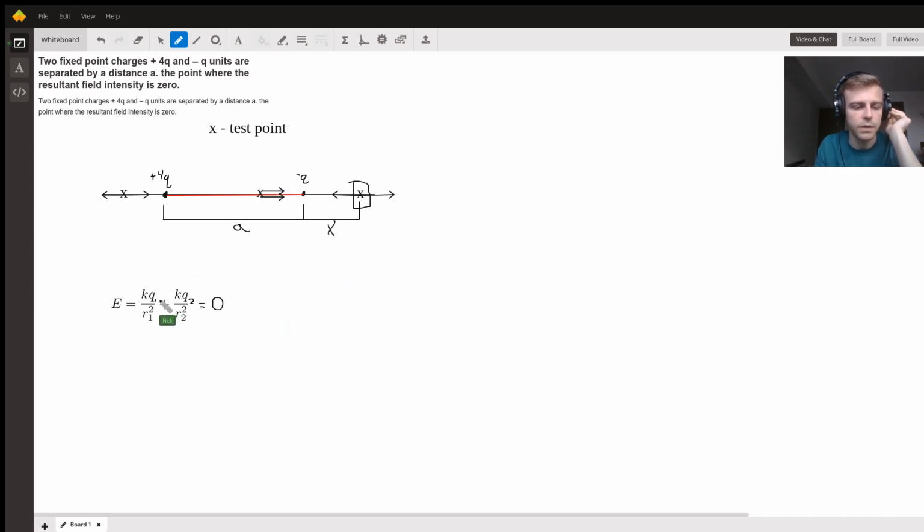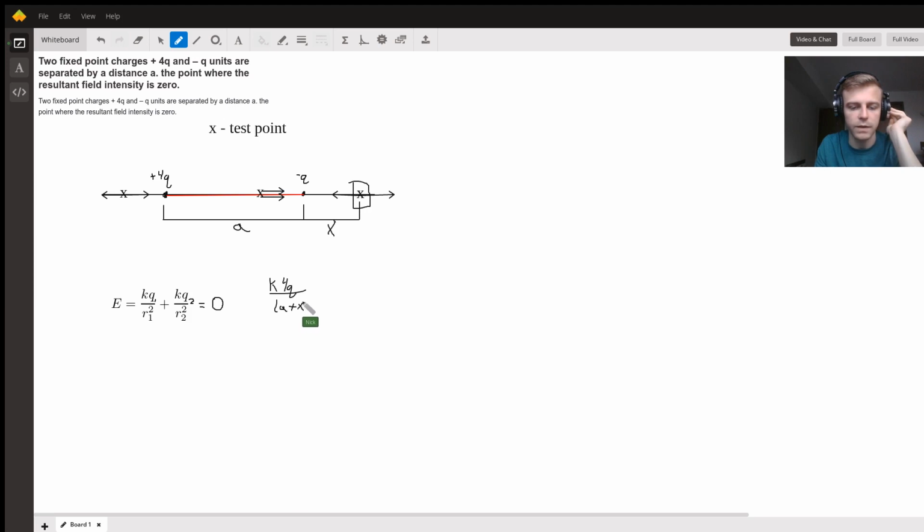So let's insert our values then. We know that this is equal to 0. So K times Q1, we'll say that's the 4Q. So we get 4KQ over R1 squared. R1 is the distance from 4Q to this point that we marked where we're expecting it to be. That distance is A plus this X value that I wrote here.